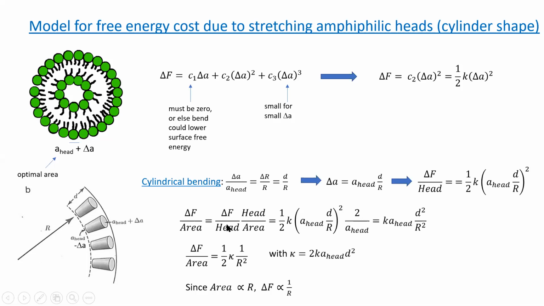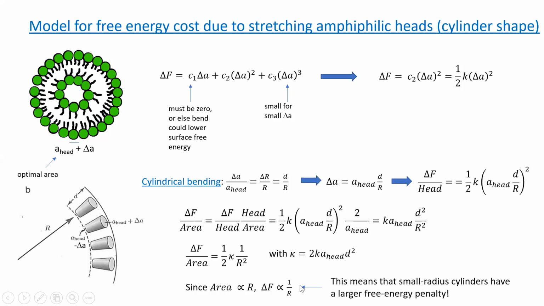But it's proportional to R, so because of that, if we multiply by the area, to get the change in free energy, we're going to be multiplying by R, 1 power of R. That means the change in free energy will be proportional to 1 over R.